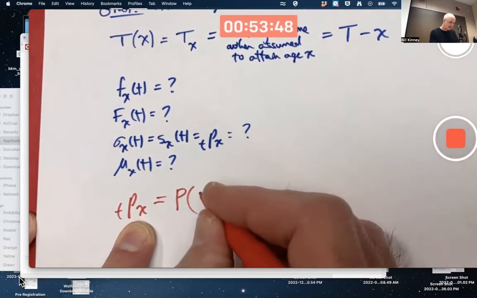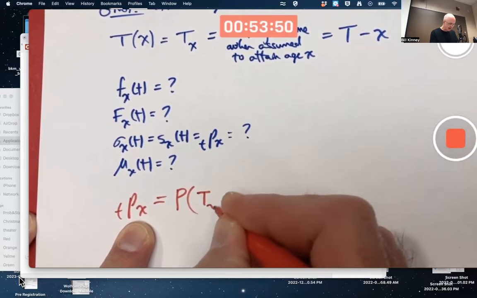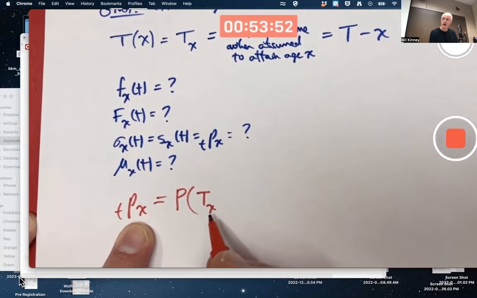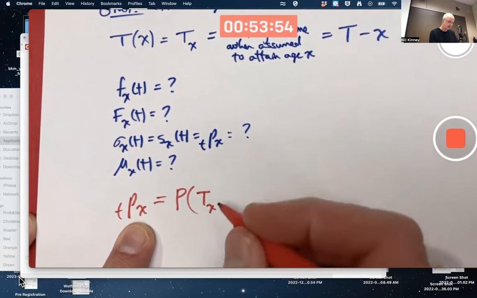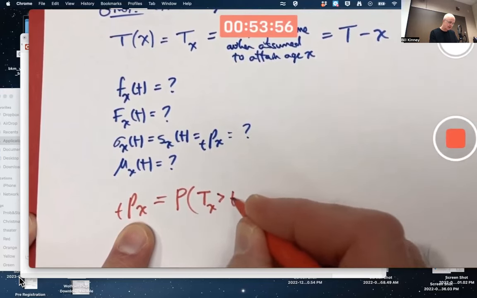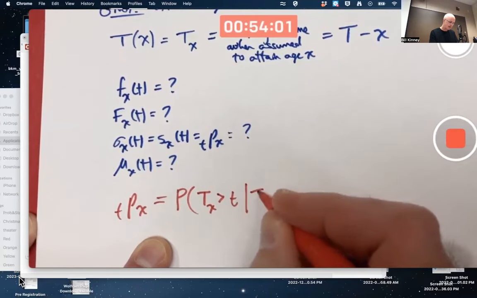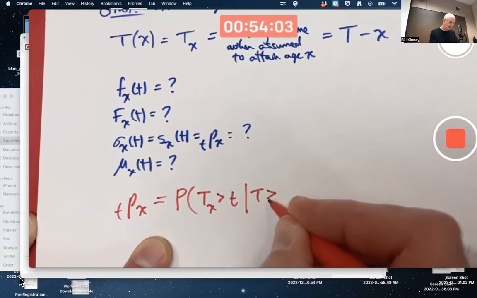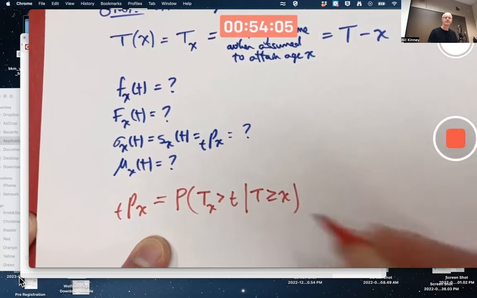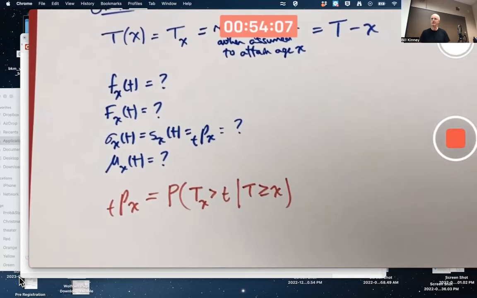The probability that T of x, or T sub x, I use T of x in the notes, but I'm using the subscript here, is bigger than little t, given that capital T is greater than or equal to x. It's that conditional probability.